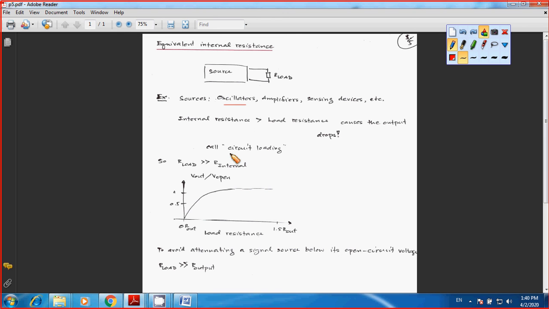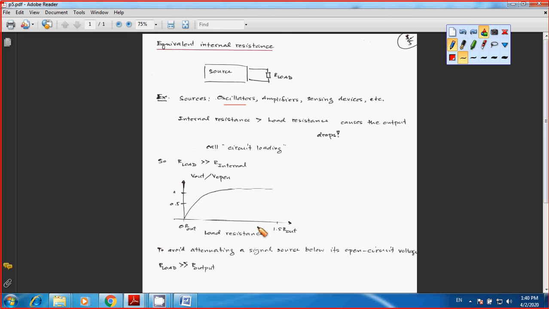So that's why we have to solve the problem or design a circuit to maintain your output voltage. It doesn't matter whether you have the load or no load. Let's take a look at the plot for R load much greater than our internal or source resistance.